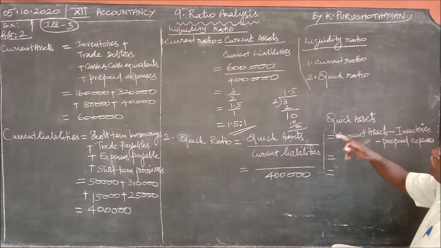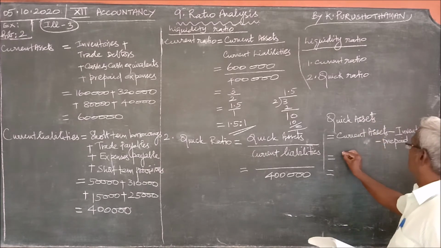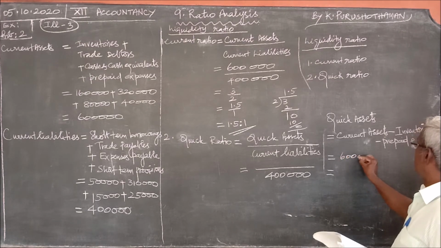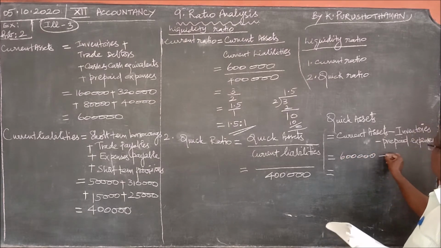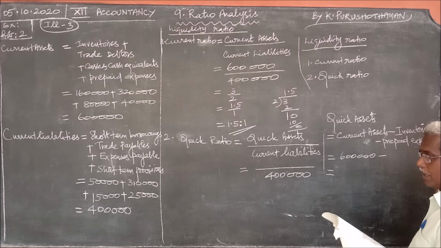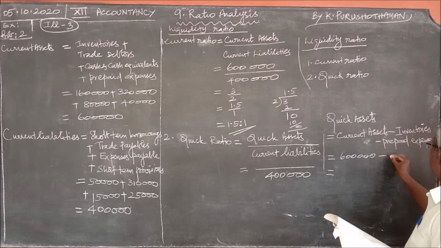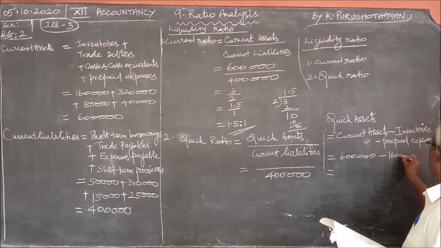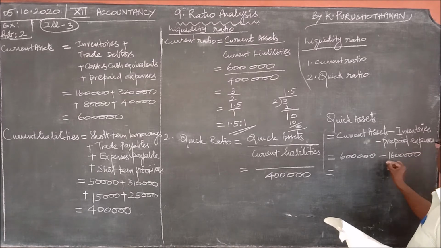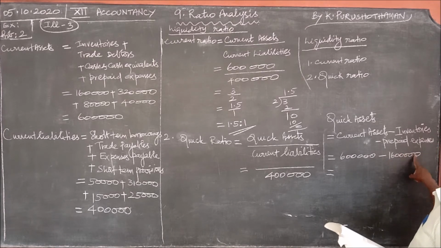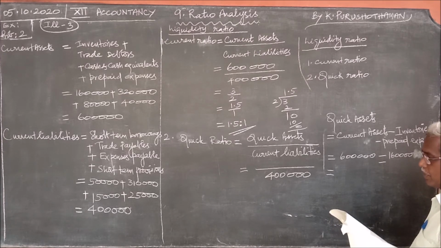What is the amount of current assets? 6 lakhs. You can write 6 lakhs minus the value of inventory 1,60,000 minus the prepaid expenses 40,000.